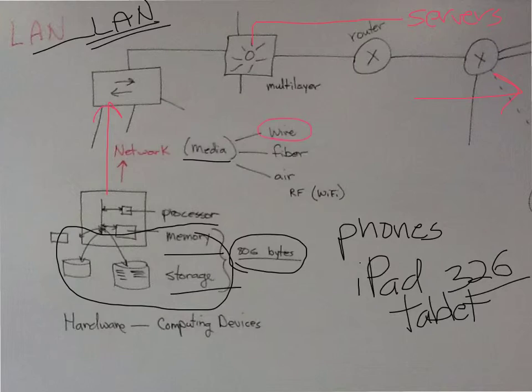Well, a lot of networks are connected by wire, or you may have a device connected by air. One example of air would be Wi-Fi, radio frequencies, or in some cases we have connections by fiber. For example, at the college, this connection here from this router to this one before we go out to the internet is a fiber line.